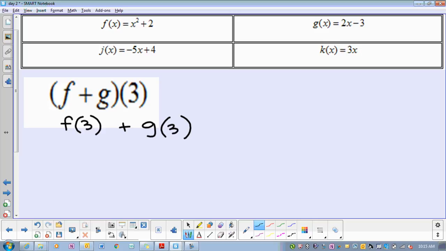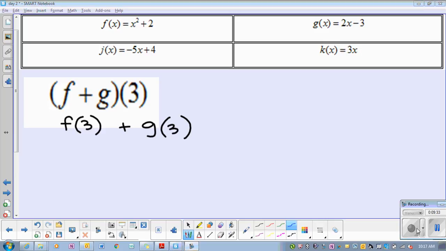It's kind of like you distributed that 3 to everyone. Everyone gets a 3. Everyone gets 3 cookies. Okay. So now you know what to do here. Find f of 3. Find g of 3. Add the two answers together. Try that on your own and then compare with a shoulder partner, please.